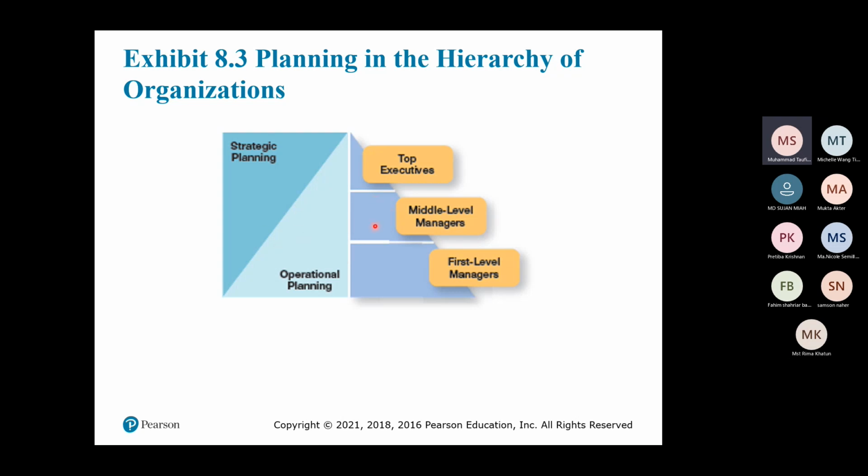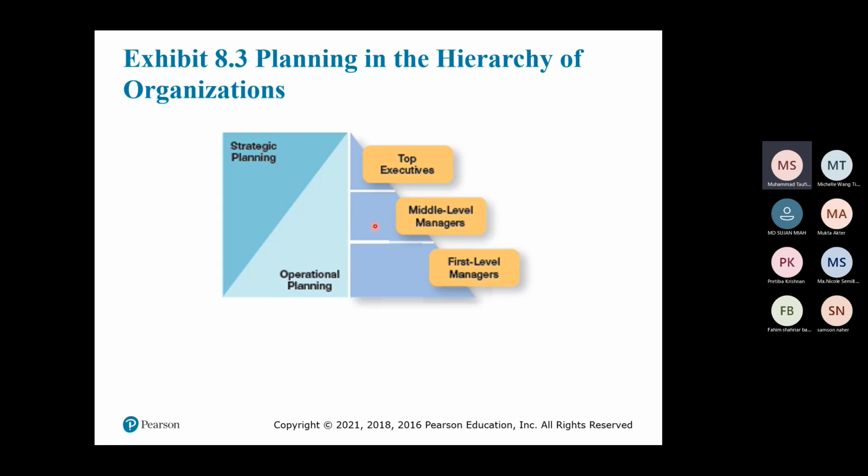Why? Because they have to integrate. The middle level manager is like a middleman between the top management and the first line manager. They have to integrate the strategic planning from the top into their operational planning, and then they pass the planning to the first level manager. Then the first level manager will make planning for a very specific team, maybe for their team members or their own unit.